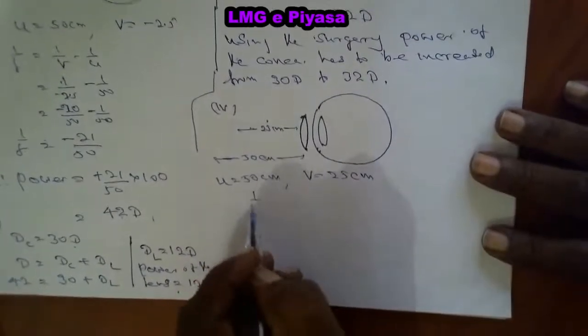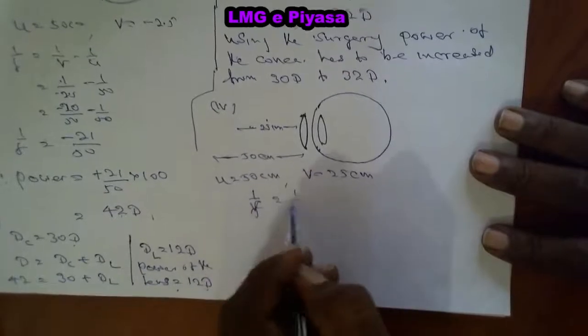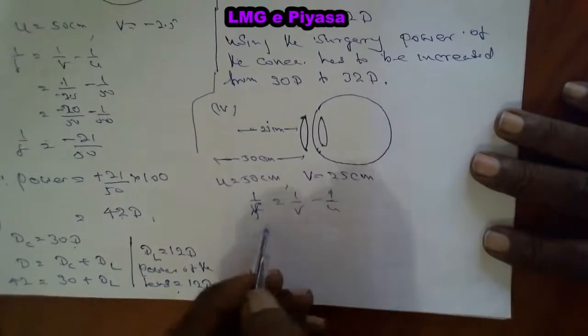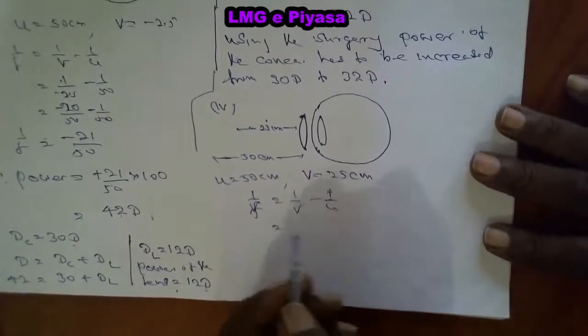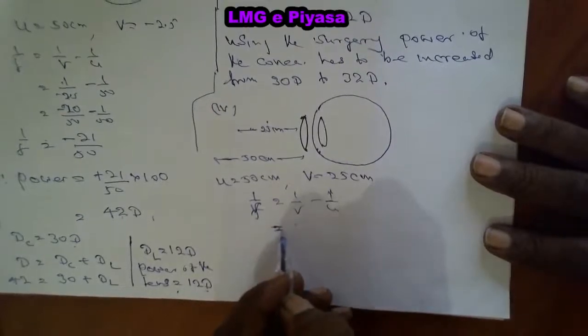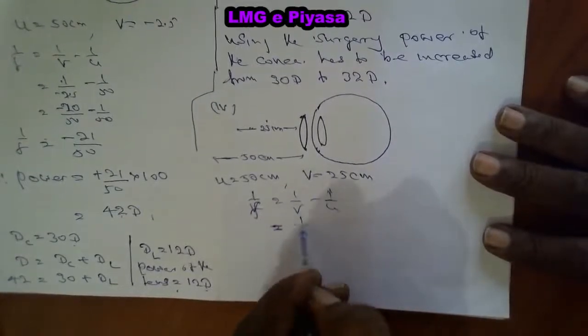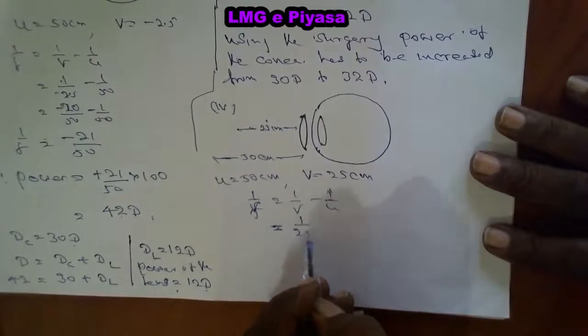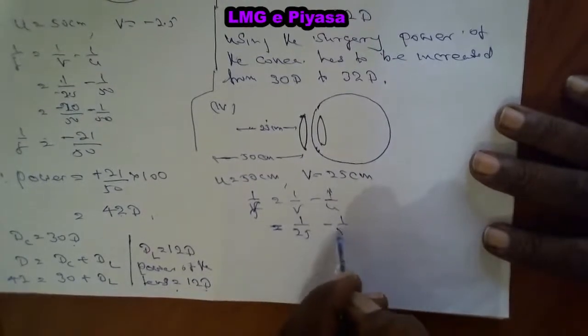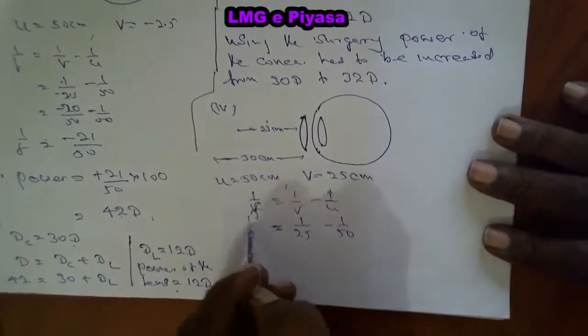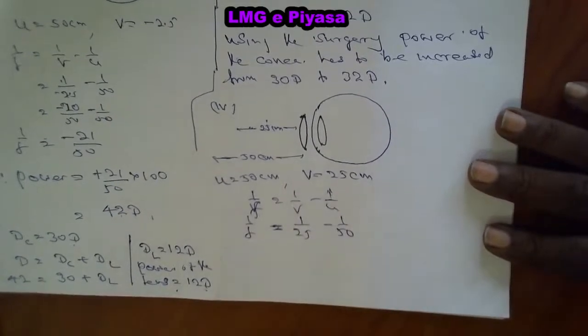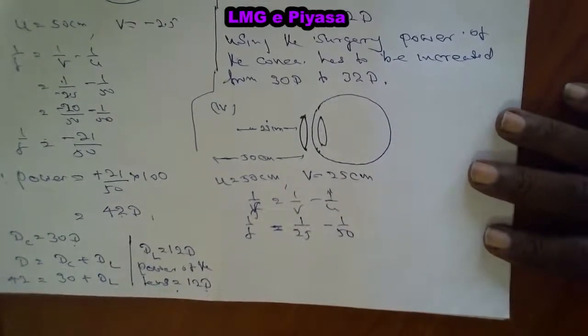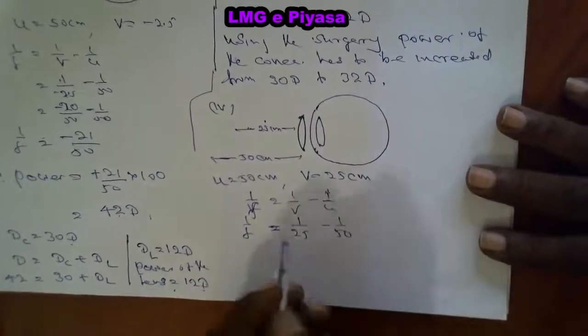So if we apply 1 over F equals 1 over V minus 1 over U, 1 over 25 minus 1 over 50 equals 1 over F.